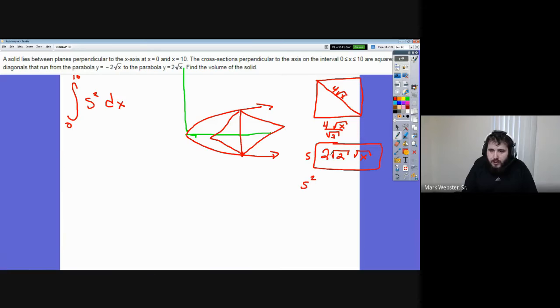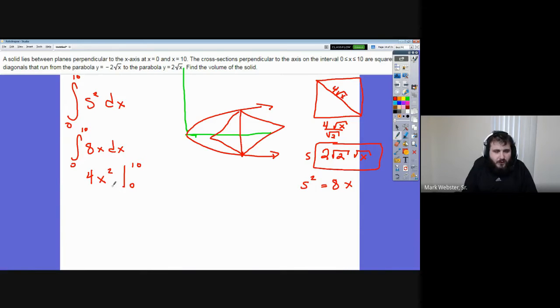Side squared would be, well, 2 squared is 4, radical 2 squared is 2, so that's 8 total. Radical x squared is x. So all we're doing is integrating from 0 to 10, 8x dx. Again, don't think hard about this. Integrate 4x squared from 0 to 10, right?